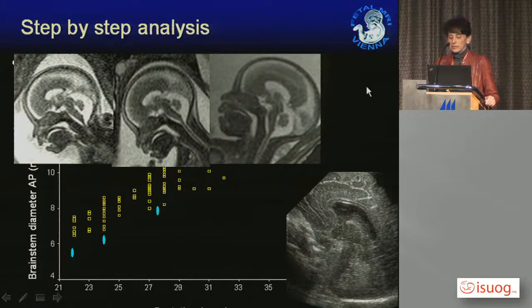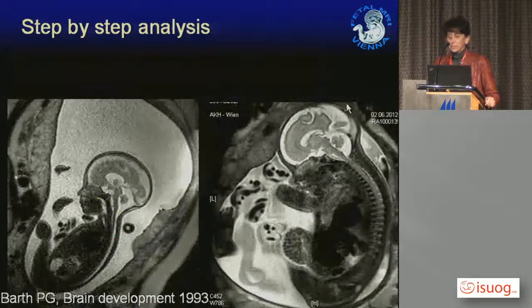Pontocerebellar dysplasia, pontocerebellar hypoplasia. There are a lot of types of PCH, but you probably know the work of Peter Barth, and he has defined distinct types of PCH, and we are interested to find these types because we know the genetic background.